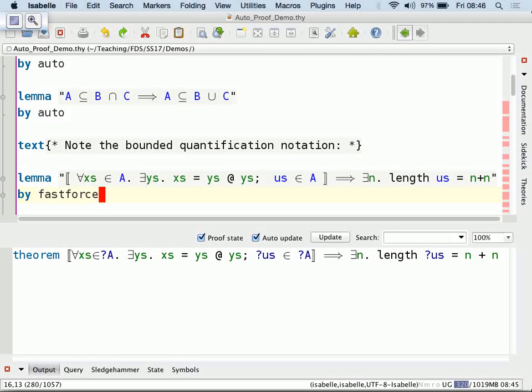So every list in A is claimed to be of the form that it's two lists, twice the same list behind each other. And then there's a second assumption that us is an element of A, and then the claim is there exists an n such that the length of us is n plus n. Fairly obvious. Fast force can do this, auto can't. So it's just to show you that there are boundaries where some of the proof methods will jump over and others won't.